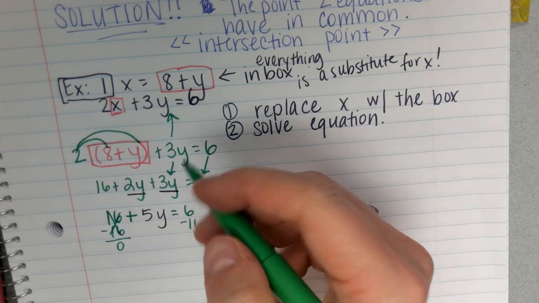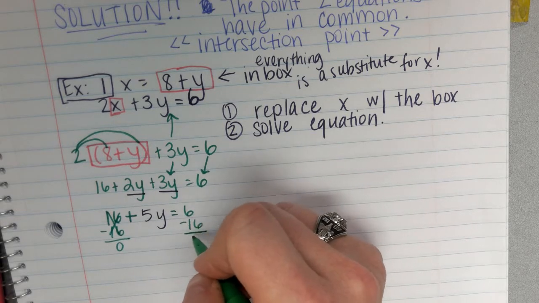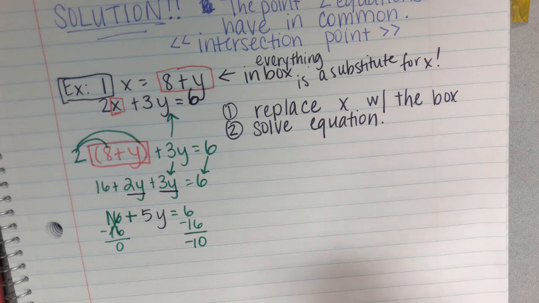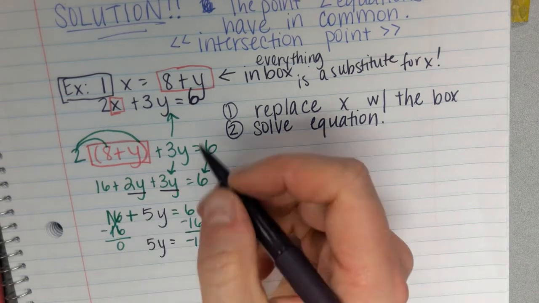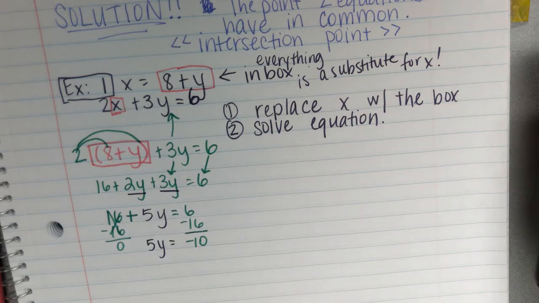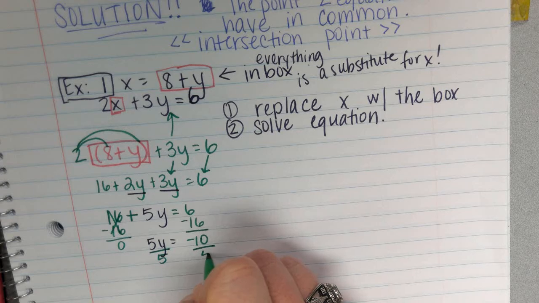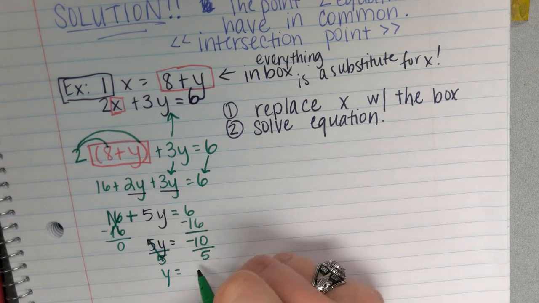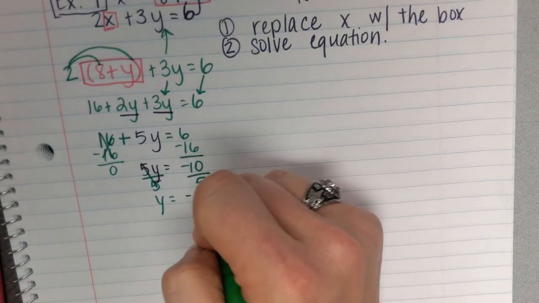That's 0. So you zeroed that out. And then here you have 6 minus 16 is a negative 10. So we're left with 5y equals negative 10. So we need to divide this 5 off to get the y by itself. That will cancel out, and you get y equals negative 10 divided by 5, which is negative 2.